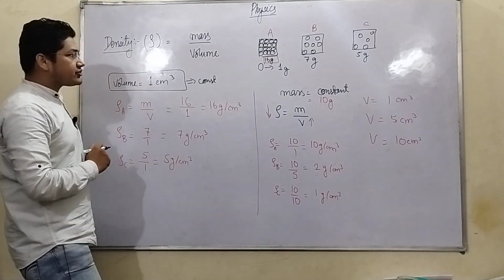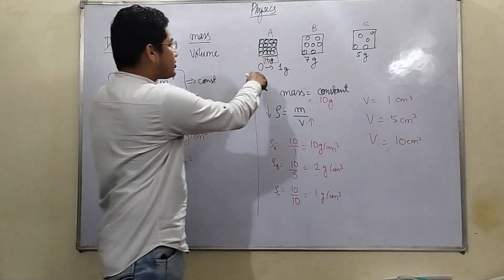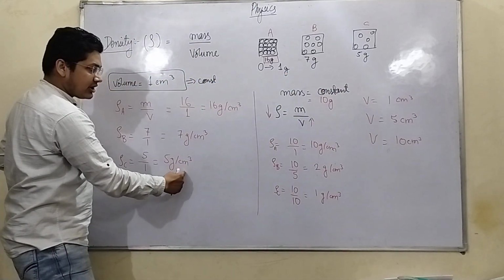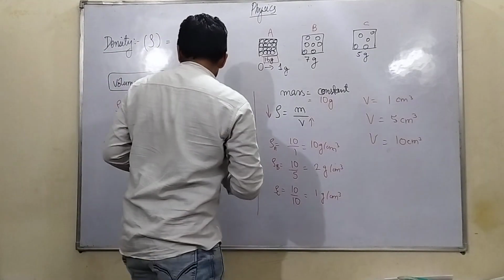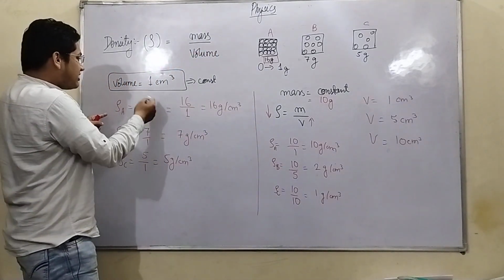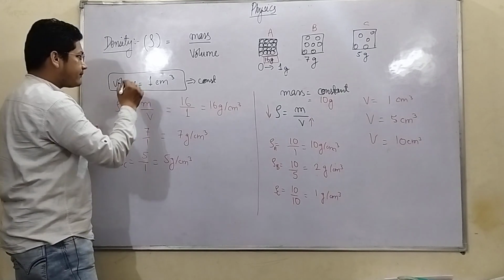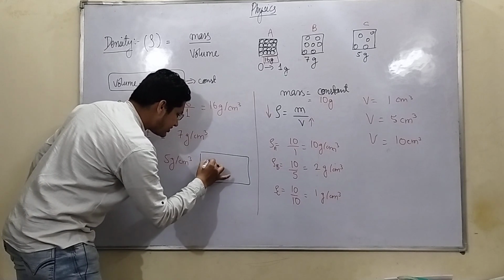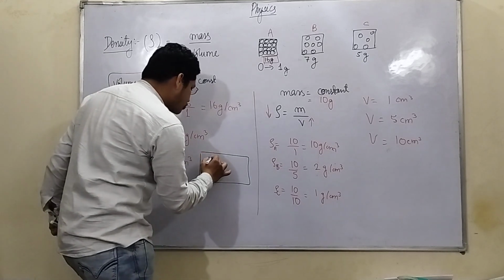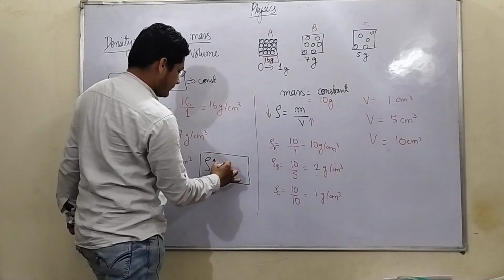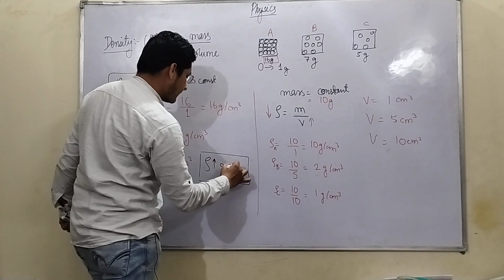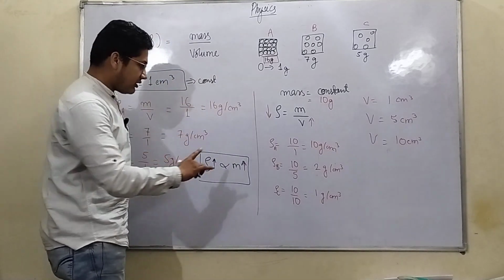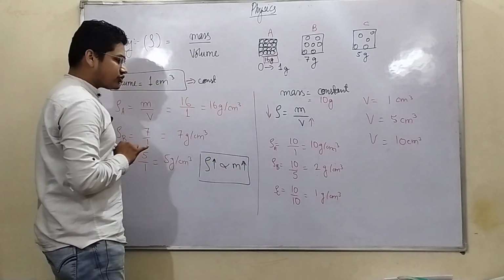And we observed that as the mass is decreasing, density is also decreasing. It means that density is directly proportional to the mass. Density is directly proportional to the mass means if we increase the mass, then density will also increase.